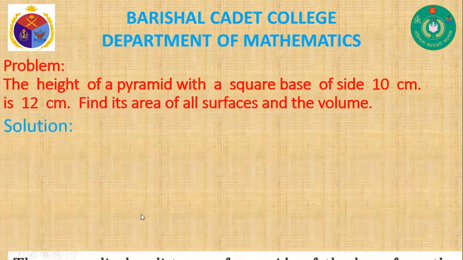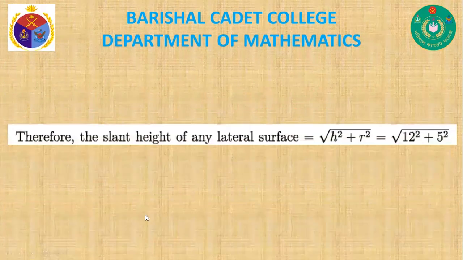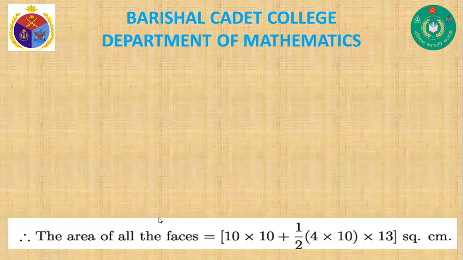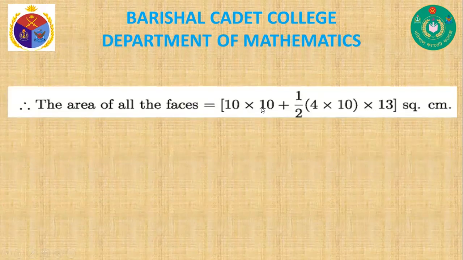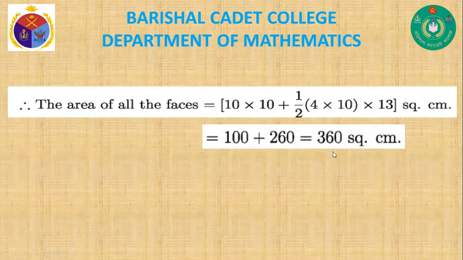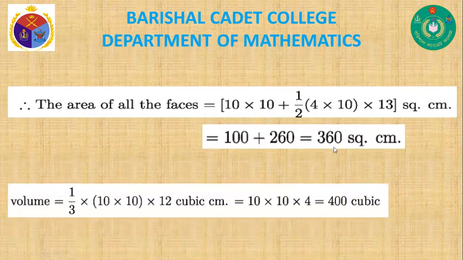So applying that formula, we get area of the base plus half into perimeter of the base into slant height. Perimeter of the base is 4 into 10, because the length of one side is 10, so the length of four sides will be 4 into 10, into the slant height. We have seen that the value of the slant height is 13. Then calculating, we get the result 360 square centimeter.